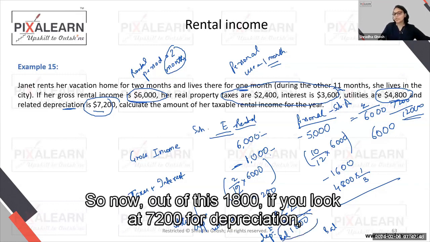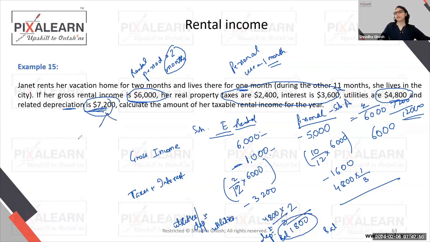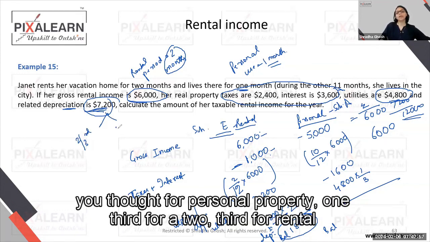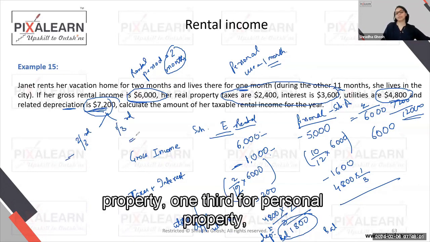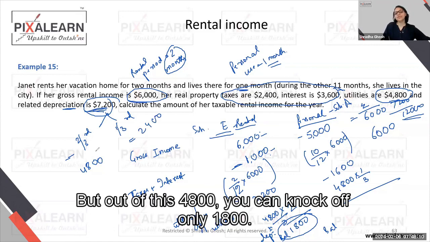So now, out of this 1,800, if you look at 7,200 for depreciation, again for depreciation, you will take 2/3 for rental property and 1/3 for personal property. So it's 4,800 and 2,400. But out of this 4,800, you can knock off only 1,800.